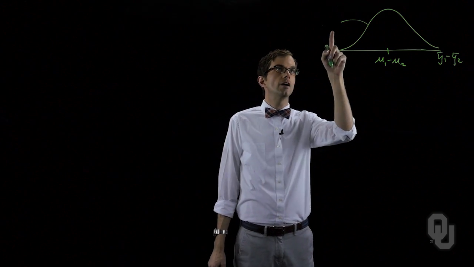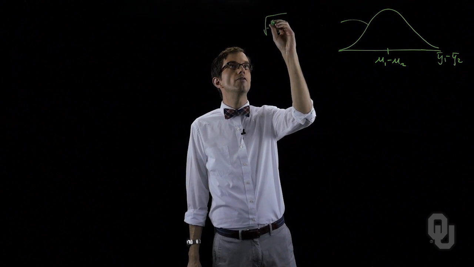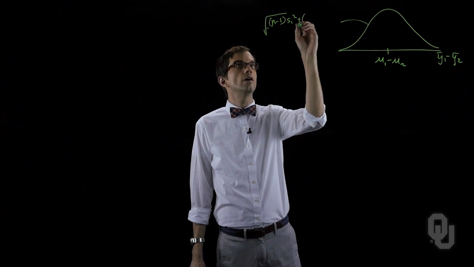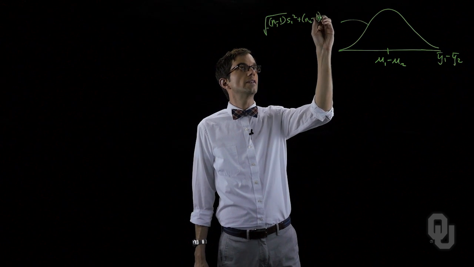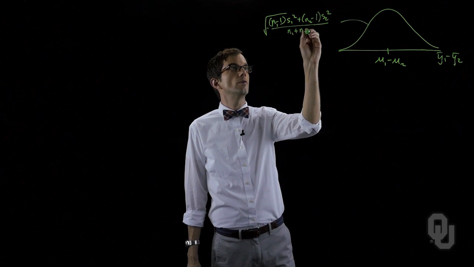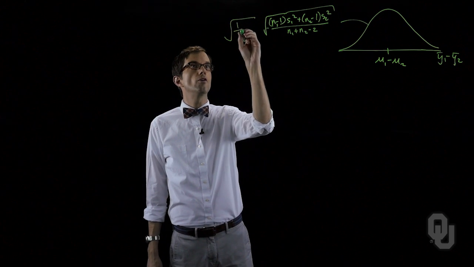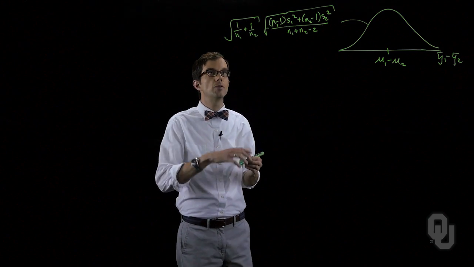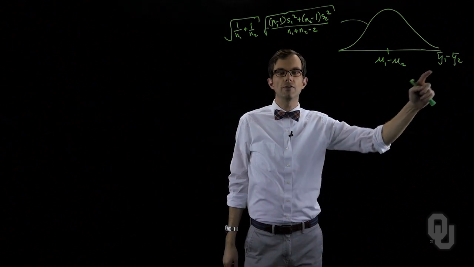And this standard deviation would be the square root of (n1 minus 1 times s1 squared plus n2 minus 1 times s2 squared) all over n1 plus n2 minus 2. Okay? And we multiply that by the square root of 1 over n1 plus 1 over n2. That would be our standard deviation of the sampling distribution for the difference in means.